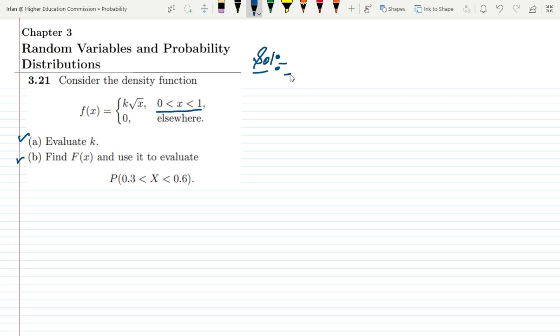Okay, so what do we have to do here? This is basically capital F of x, and that is the cumulation from 0 to 1, and I have to write the value of f of x, where k square root of x, and I have to integrate it in this way.